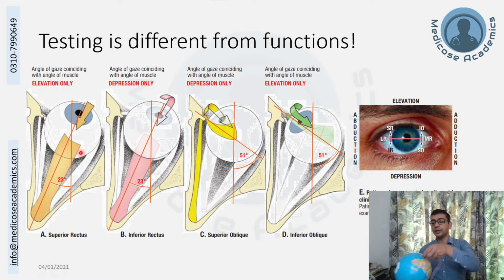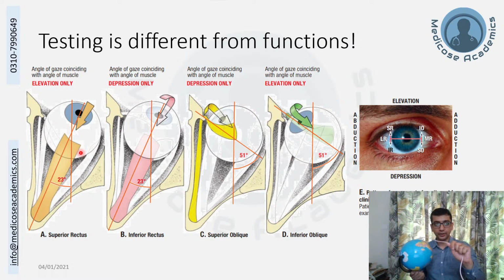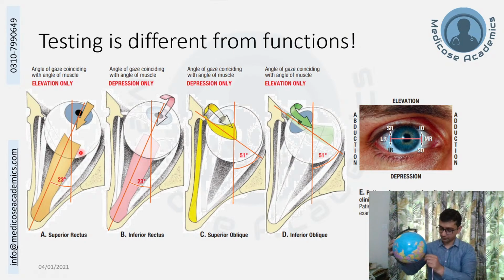Which muscle is playing the role here now? Then the muscle that plays the role here is the inferior oblique. Sorry, it was coming from the anteromedial aspect, and it will be responsible for moving the eyeball upward when looking medially.